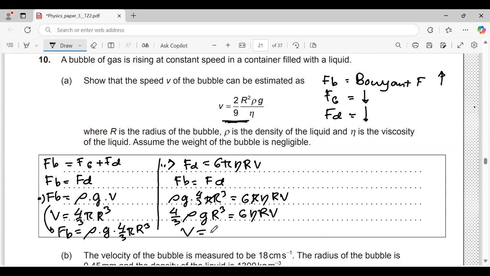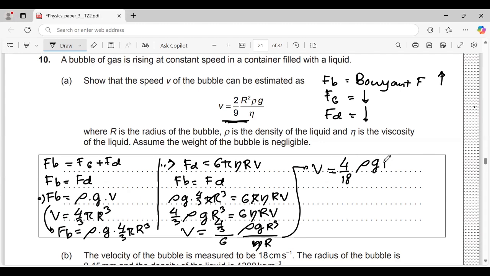So v equals 4/3 over 6, rho g r cubed over eta r. So r cubed divided by r becomes r squared. 4/3 over 6 becomes 4 over 18.